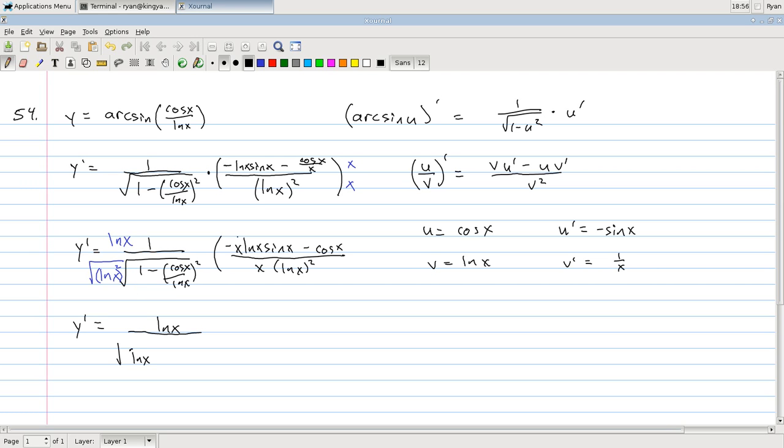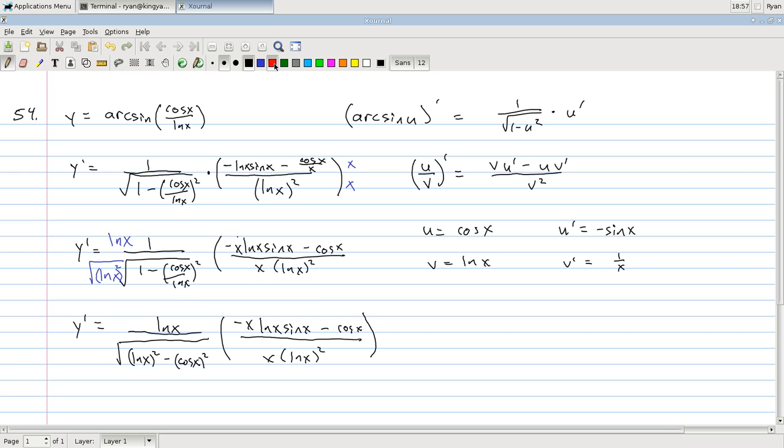So we've got ln x squared minus, here the ln x squared and the ln x squared cancel, and we've got cosine x squared, all times this expression in the parentheses, minus x ln x sine x minus cosine x over x times ln x squared.